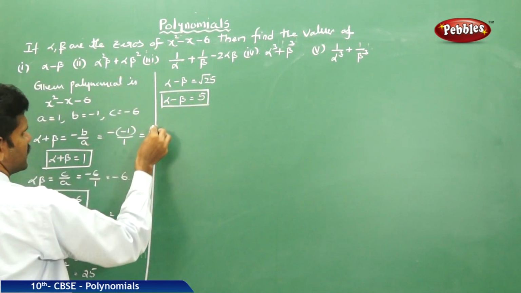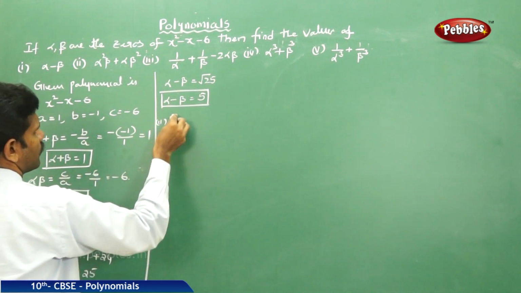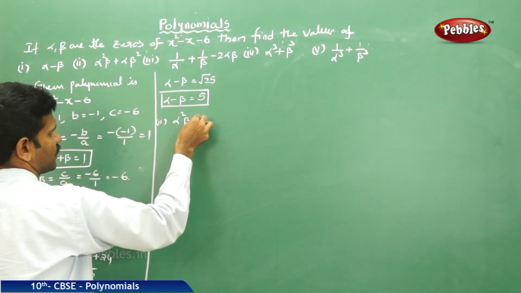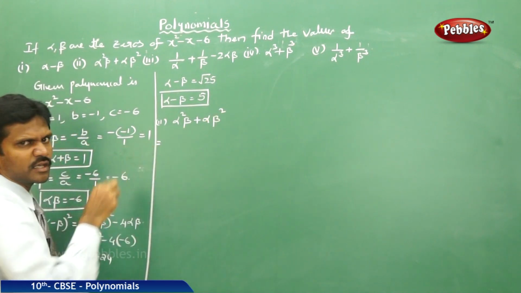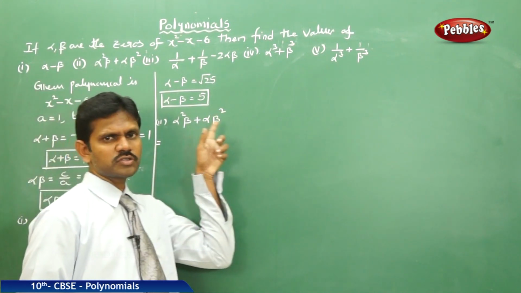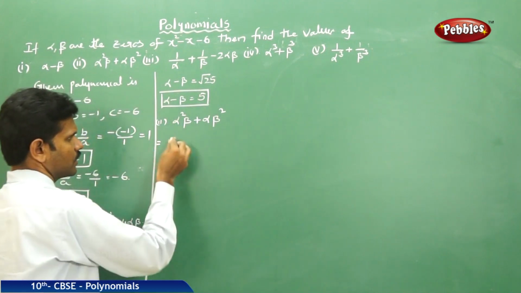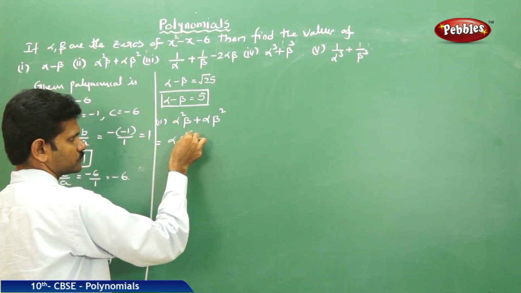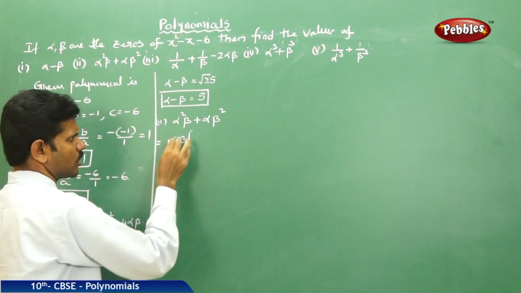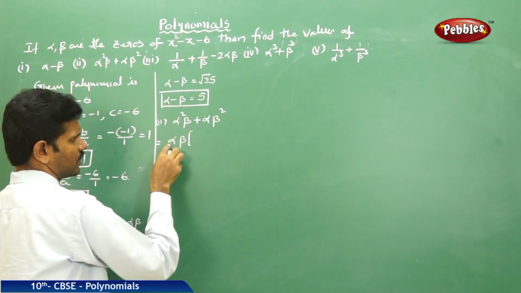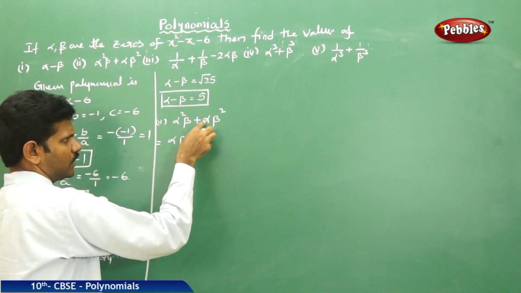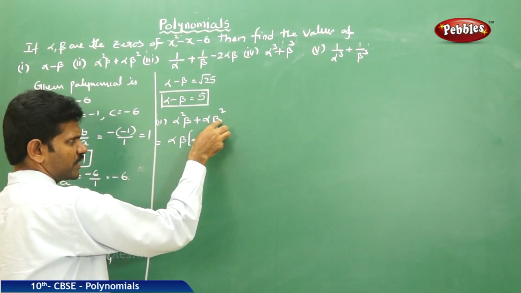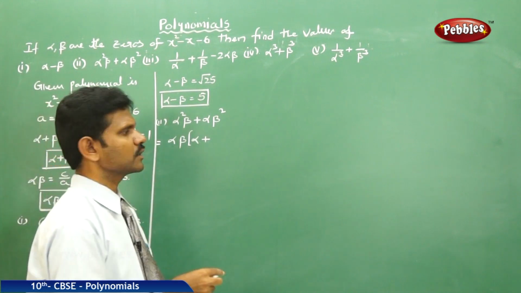Now my second option is alpha square beta plus alpha beta square. This is my second option. Now if you observe closely from these two, you can take alpha beta as a common. If you take alpha beta as a common, from alpha square I take only alpha as a common, that is alpha, plus, from beta square, I take only beta as a common.